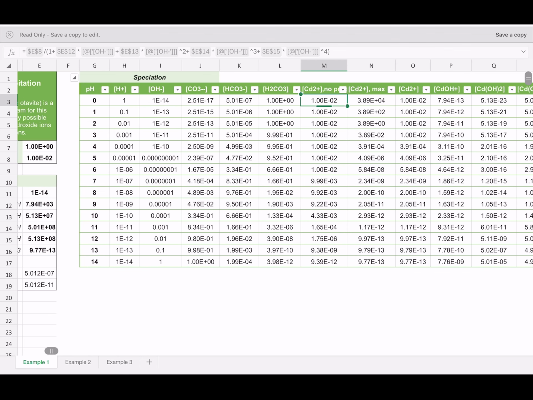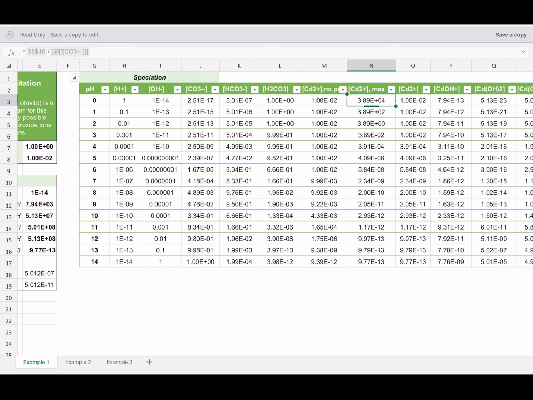Now we have cadmium no precipitation, which is basically all the beta values, all the potential complexation. You see that on the top. Then we calculate cadmium max, which as you see is a relatively simple calculation, less involved, but obviously we need to calculate the carbonate concentration first to get there.